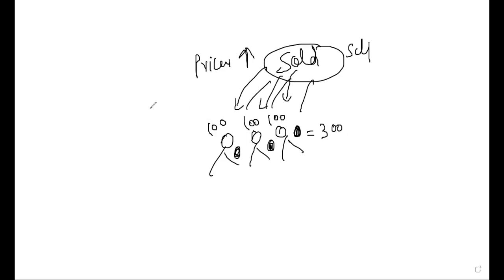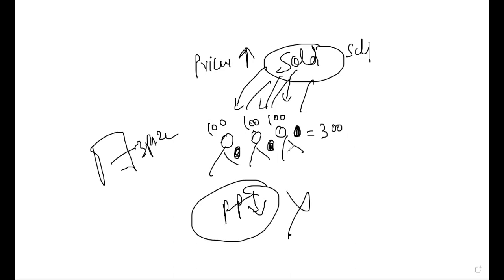Clear? So earlier they had 300 rupees, so they were demanding to eat 3 pizzas. But now, as I took their money, their purchasing power has decreased. Now they cannot buy anything, because they have given their money to me. Because of this, there is less money in the economy.